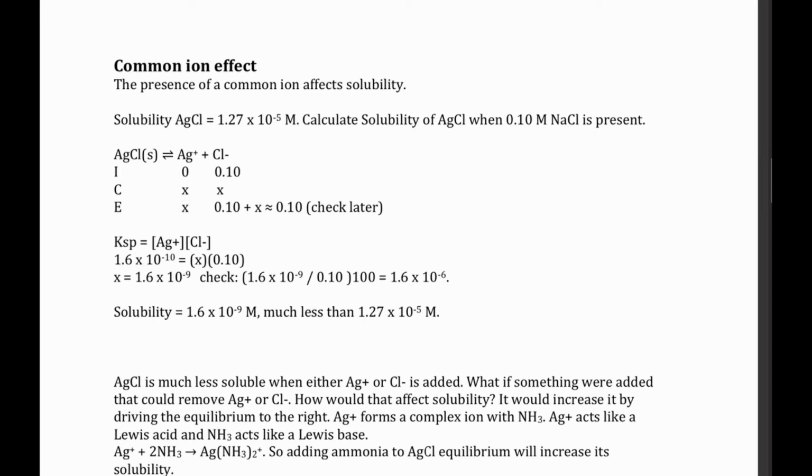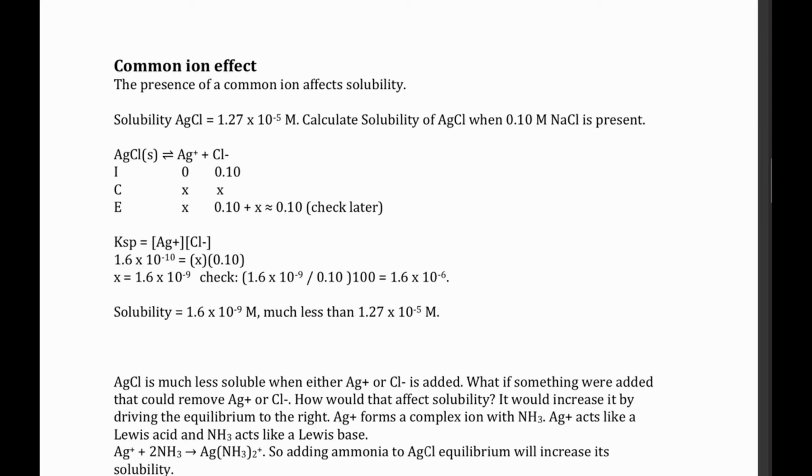We have that the solubility of silver chloride is 1.27 times 10 to the minus 5 molar, or moles per liter. And we're after calculating the solubility of the silver chloride when we have 0.10 molar sodium chloride present.